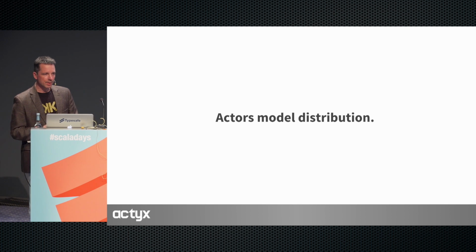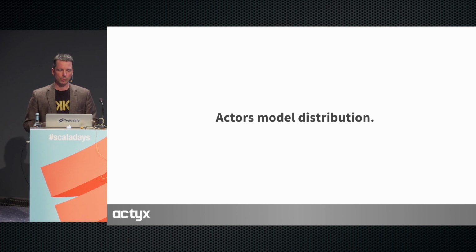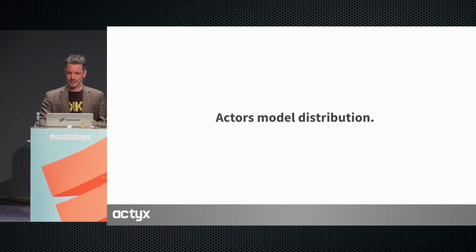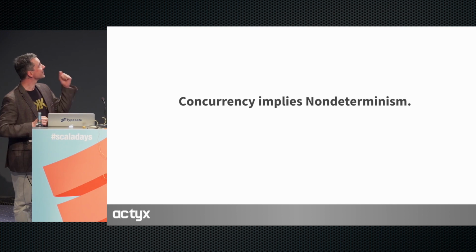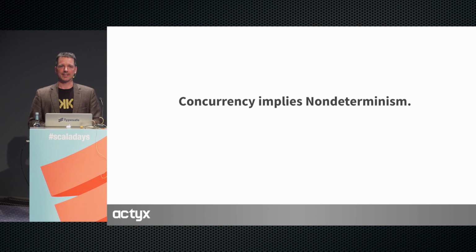Now, there was once a post by Paul Chiusano saying, I think the title was, "The actors are too non-deterministic," or something like that. I don't recall the exact title, but that's kind of the point. Concurrency in itself implies non-determinism.